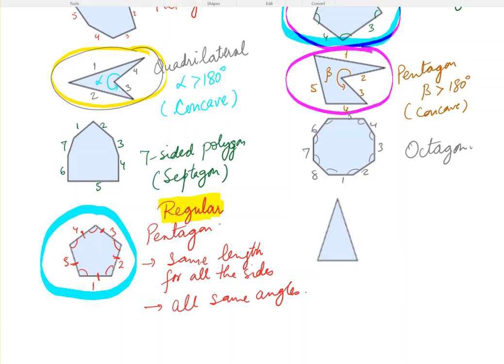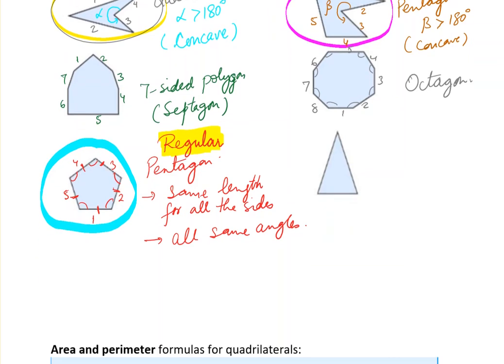Another example of a regular polygon: I'm just going to draw a shape here. This looks like a square, and in this one we have 1, 2, 3, 4 sides, and all the 4 sides are the same.